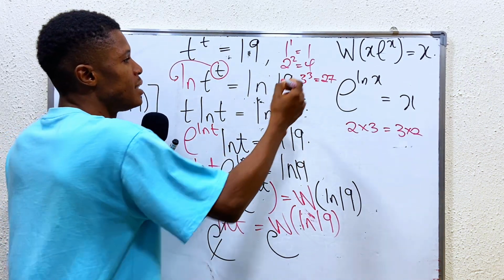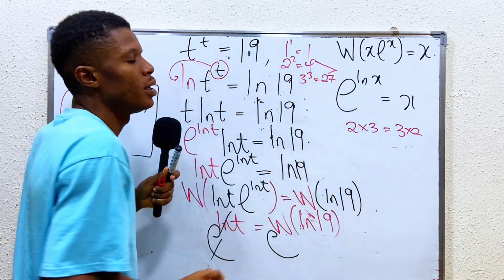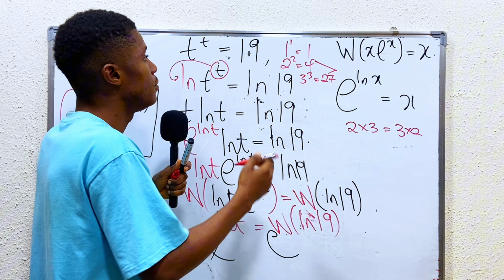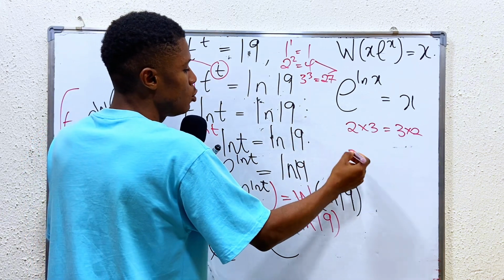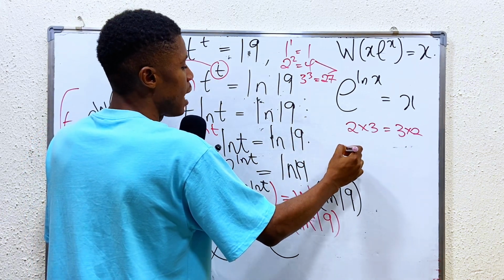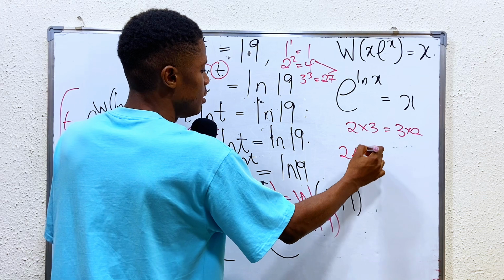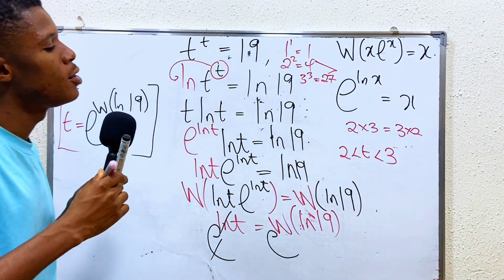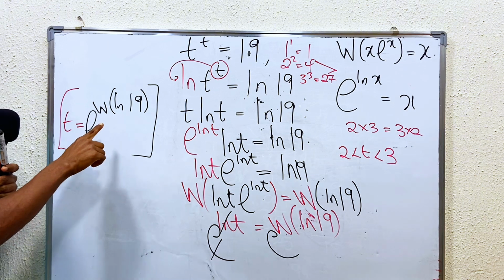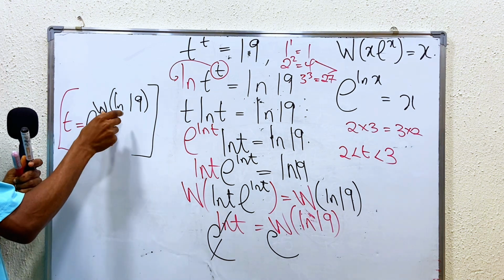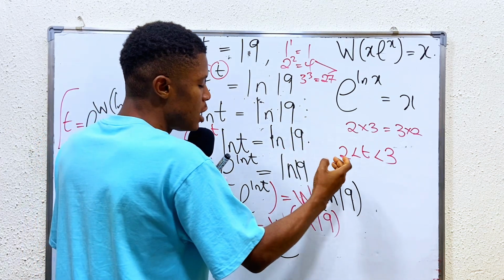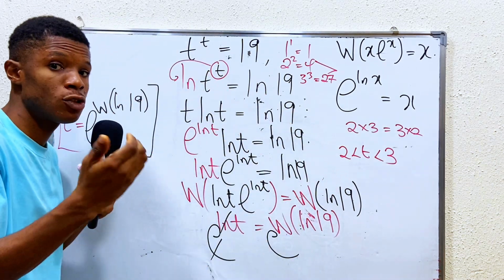But 19 falls in between 4 and 27. That means the range of values for t is 2 is less than t and t is less than 3. So if you put exponential of the Lambert W function of ln 19 in a calculator, the number must be in the range of 2 and must not get to 3.